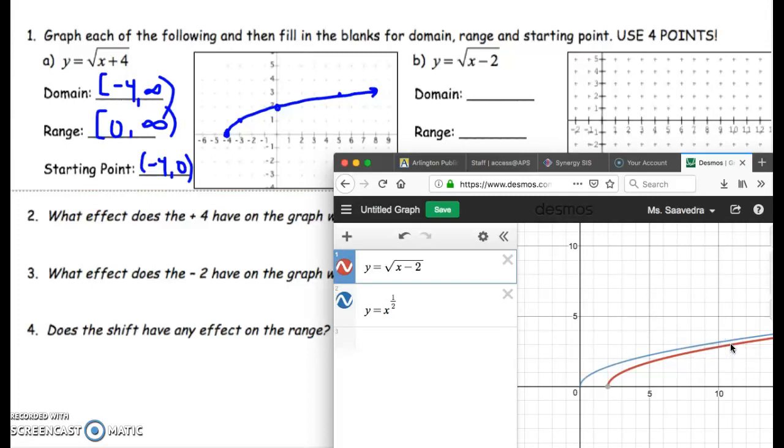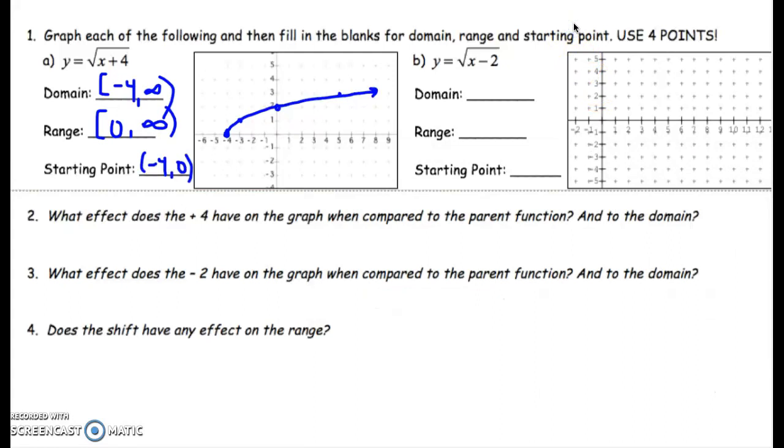So let's go ahead and plot those points also and talk about the effect that this change has. So this was over at 2, 0, and all of these points are coming from Desmos for the time being. And then we said 11, 3 was one of my points, and 6, 2 was another one.